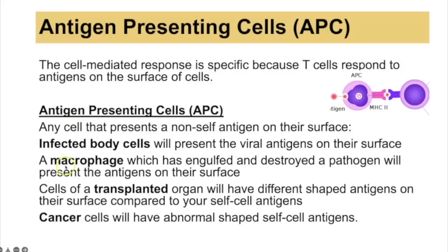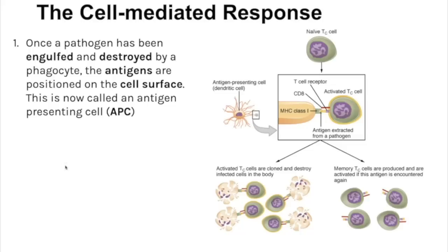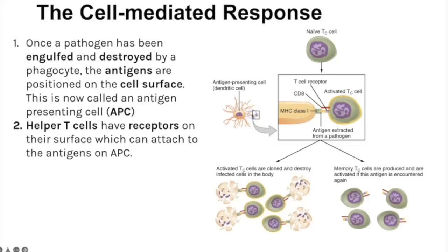So the cell-mediated response then, once a pathogen has been engulfed and destroyed by a phagocyte, the antigens are positioned on the cell surface, and that is why we'd now call that phagocyte an antigen-presenting cell.